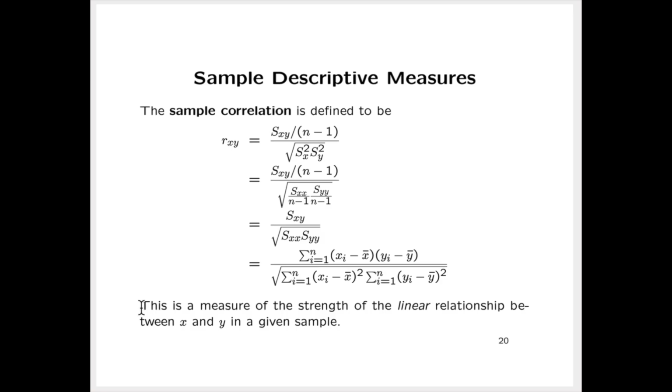Now, it can be shown that the sample correlation is measuring a very specific type of relationship. In particular, the sample correlation is measuring the strength of the linear relationship between the two variables x and y in a particular sample. So it's not measuring the strength of the quadratic relationship or some other kind of relationship. It's specifically measuring the strength of the linear relationship between the two variables in the sample.